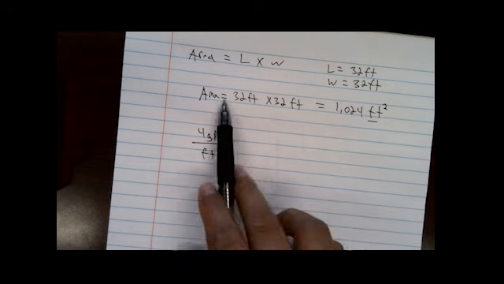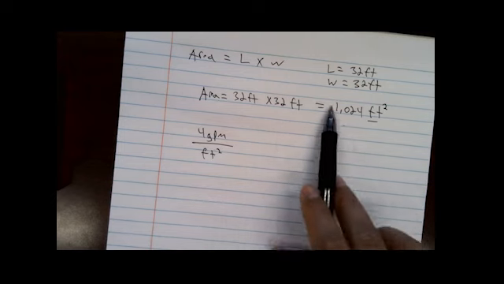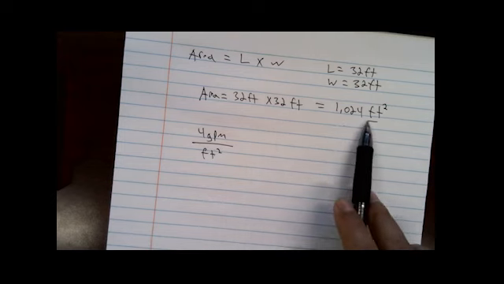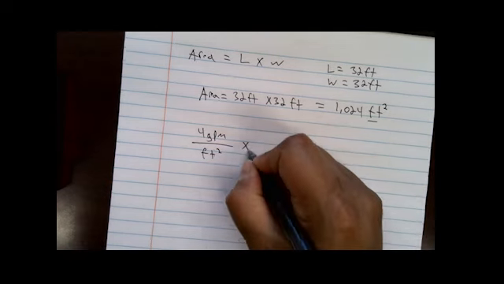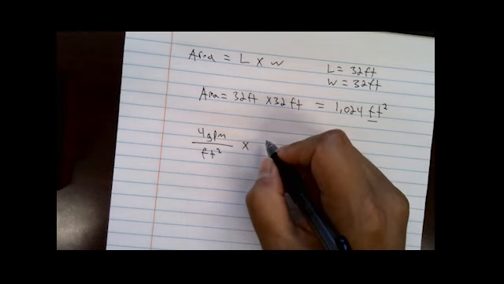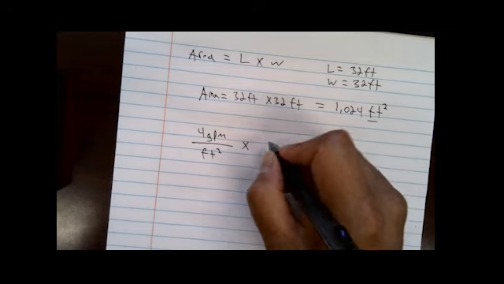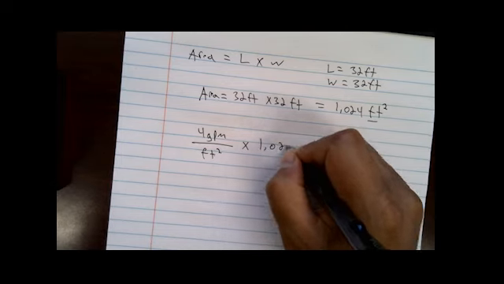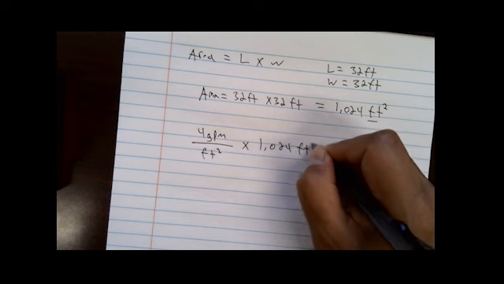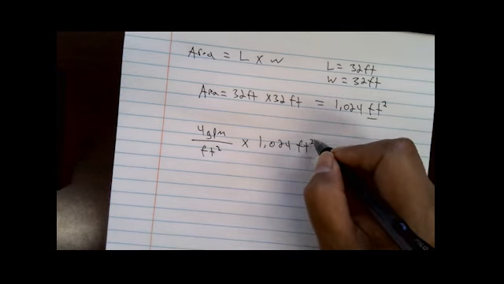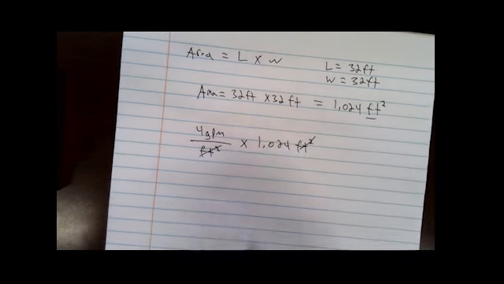We have the total area of that sand filter, 1,024. So to find the total flow for that whole area of the filter, we multiply by 1,024 square feet. Our units cancel out, square feet with square feet.